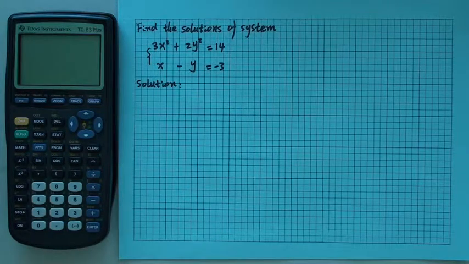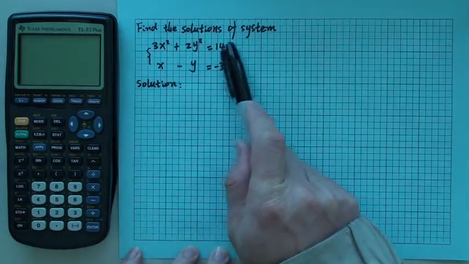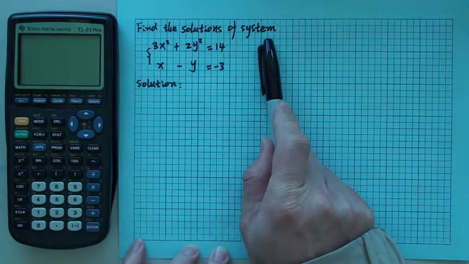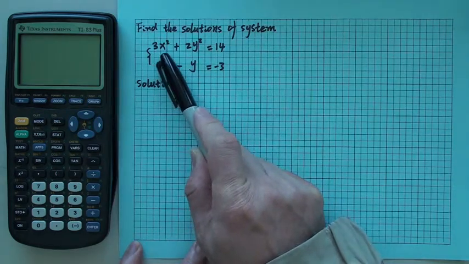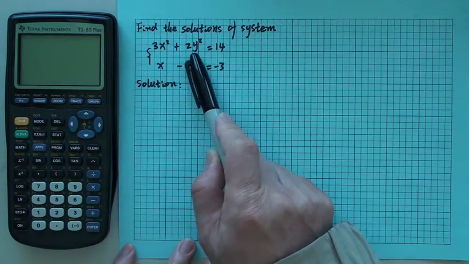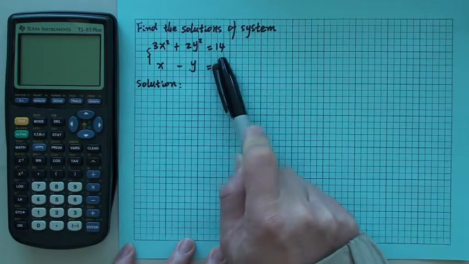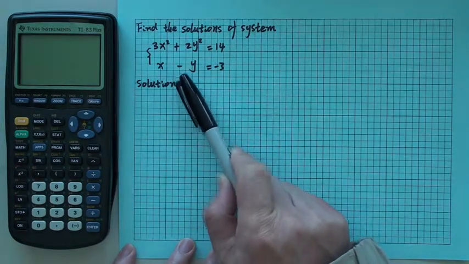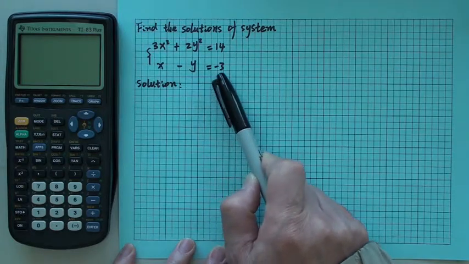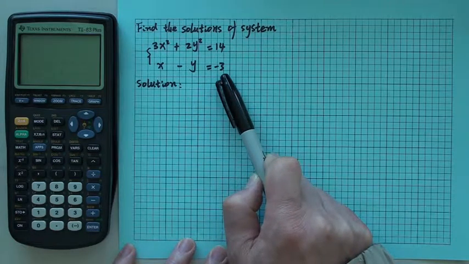In this lecture, let's see how to find the solutions of the system. The first equation is 3x squared plus 2y squared equals 14. The second one is x minus y equals -3.